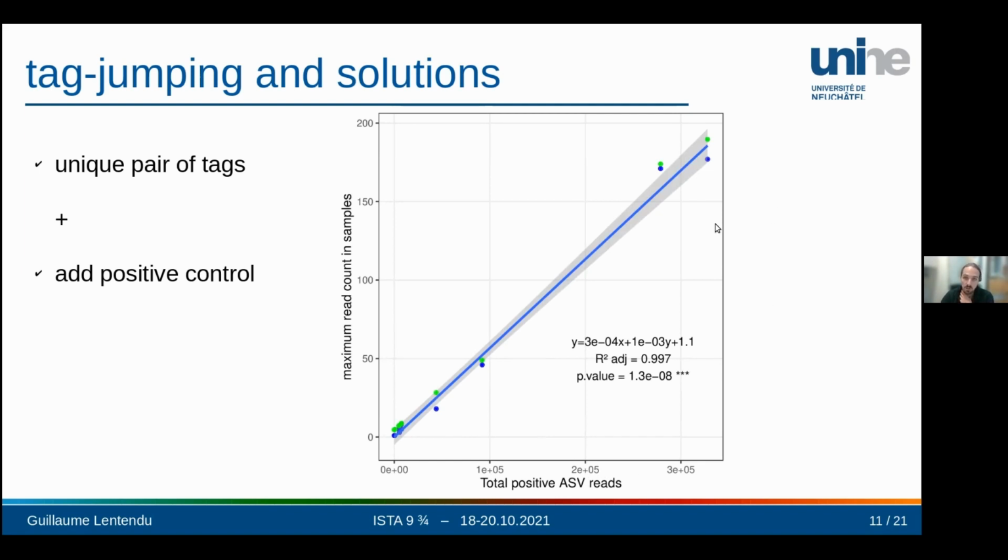For example, if you have 100,000 reads for an ASV, then every occurrence in one sample which has less than 50 reads will be only due to tag jump. So you can remove all these occurrences, and it reduces a lot of this false discovery of ASVs.